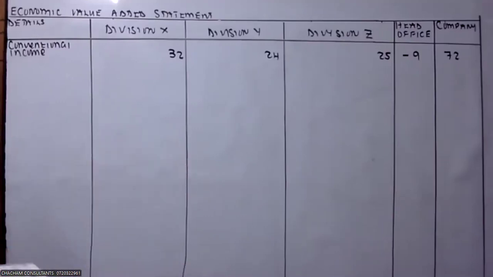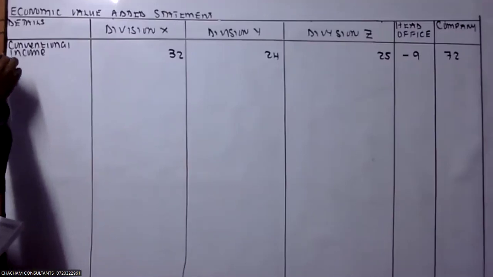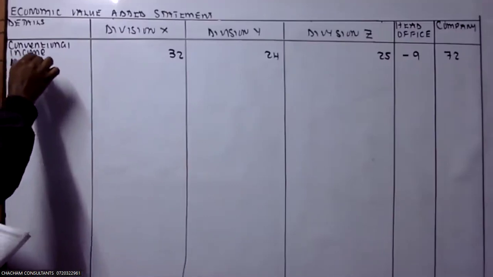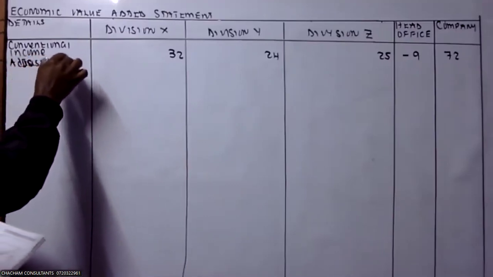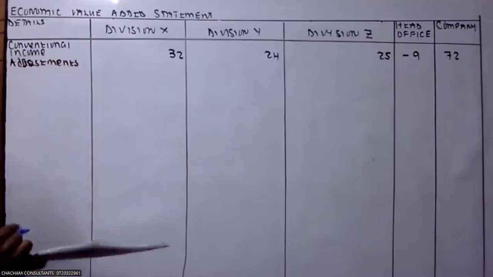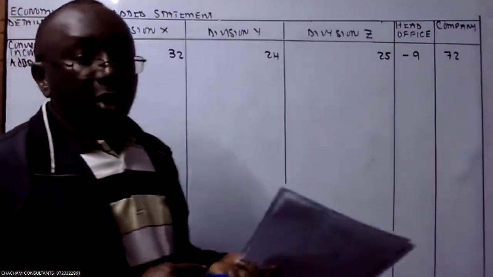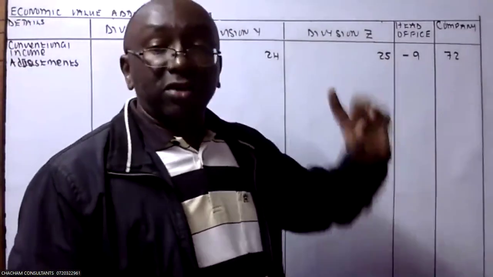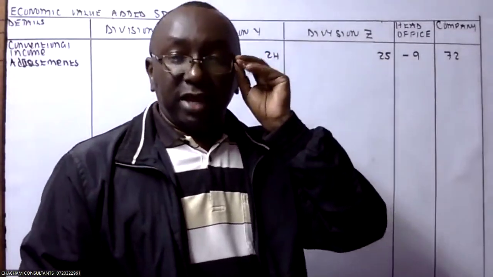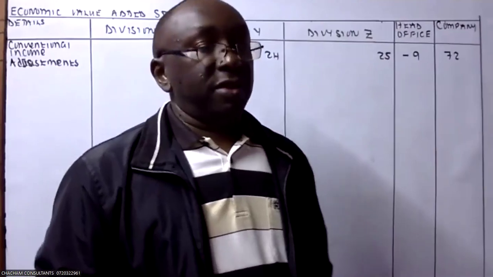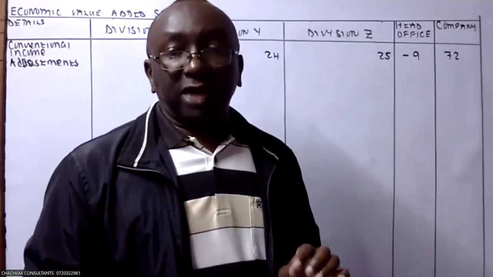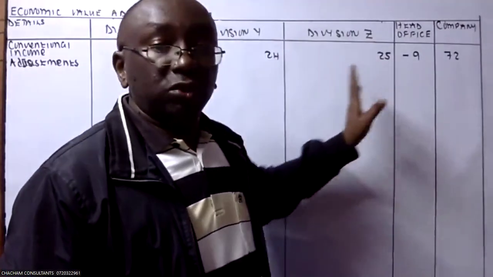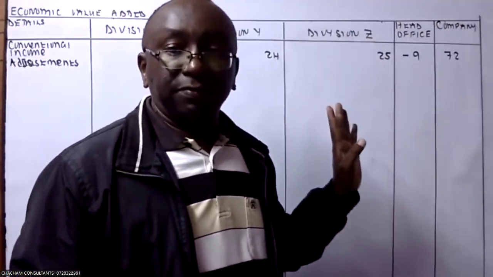Now from there, you bring the adjustments. So in a question like this one, where you have something in the head office, either a profit or a loss, that should be subtracted from there, and you distribute it to the departments.